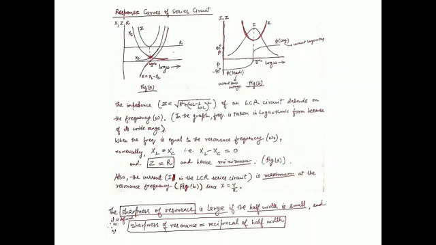Similarly, the figure on the right plots the current and the impedance against the frequency in the logarithmic scale. Now the magnitude of impedance Z, which is simply under root R square plus omega L minus 1 by omega C whole square of an LCR circuit, depends on the frequency omega, as can be seen in the graph.